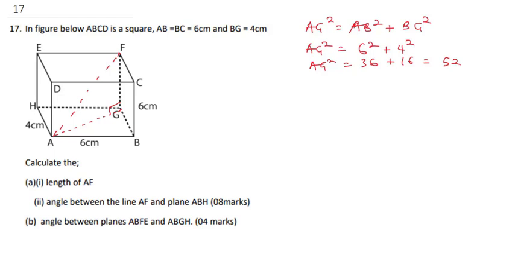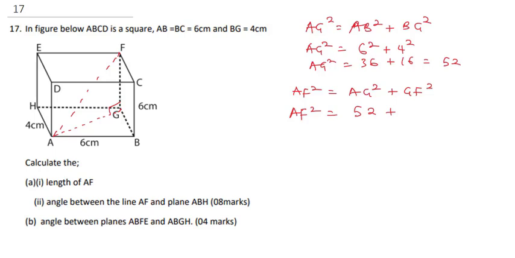Now look at this place. From here I can say my AF square is the same thing as AG square plus GF square. Remember my AG square gave me 52, we did not find the value, so we'll put it like that.